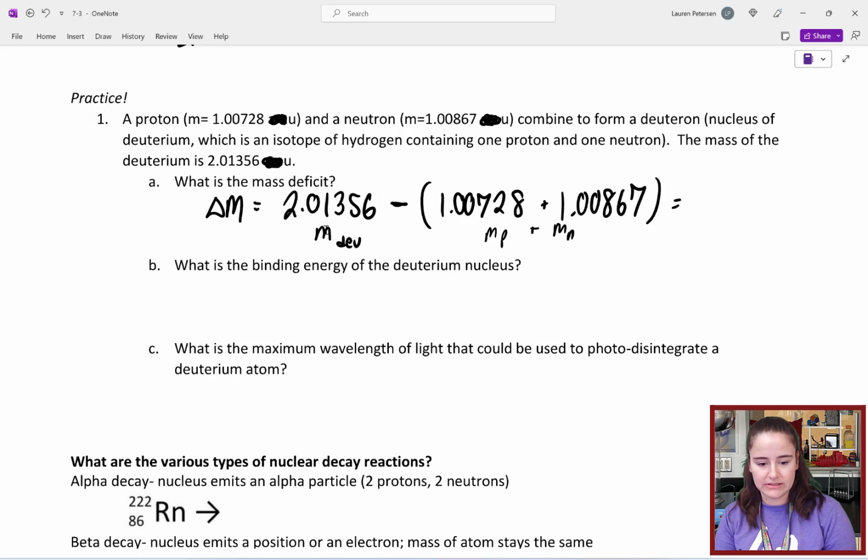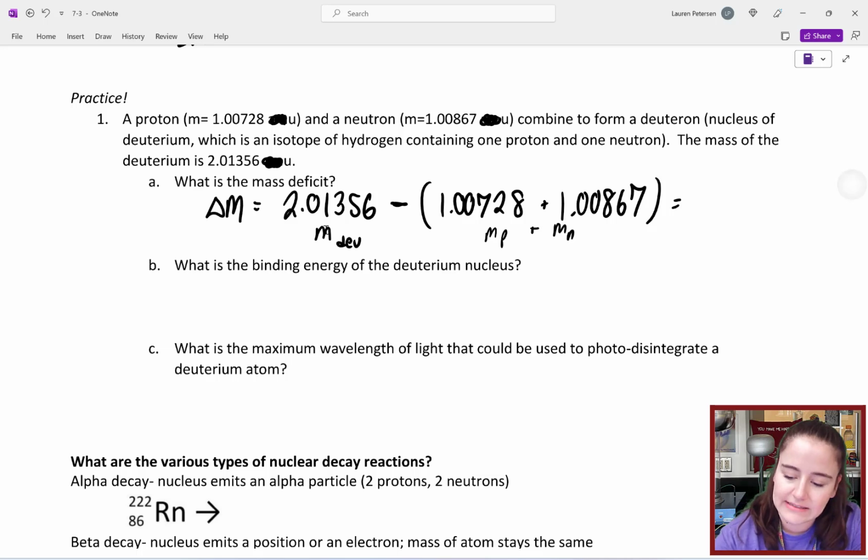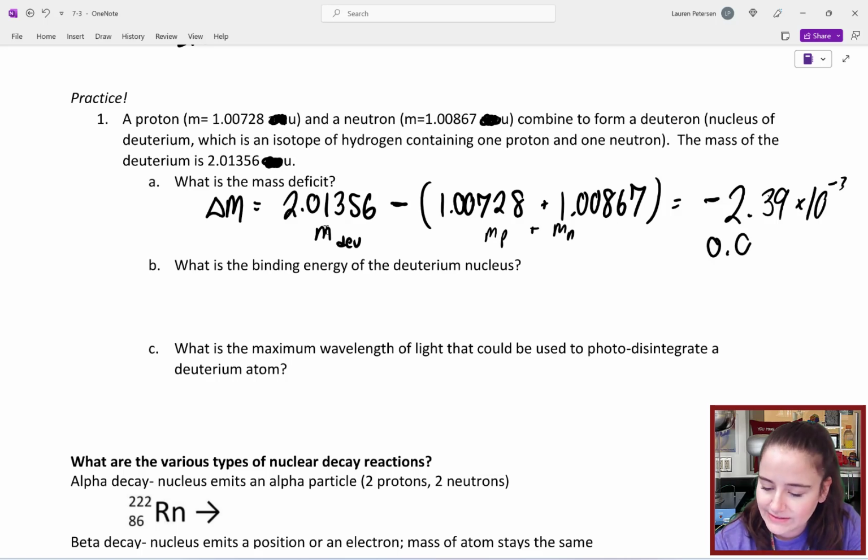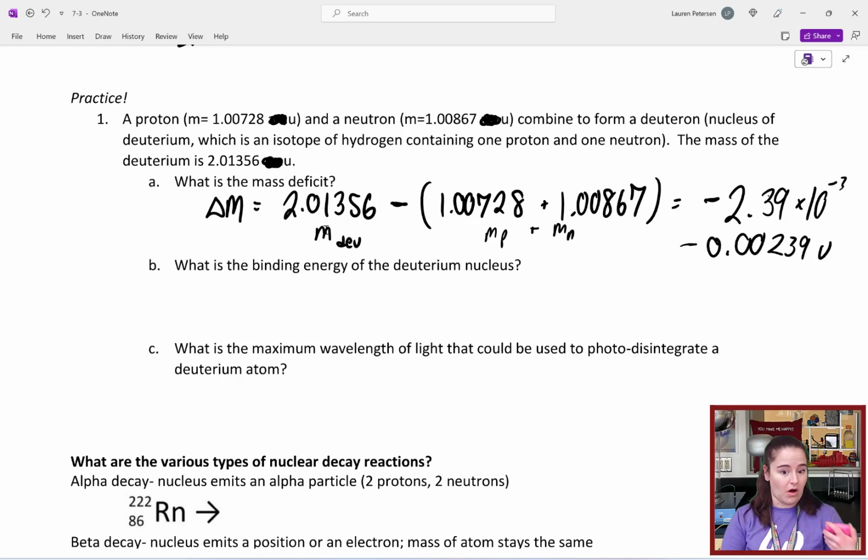So we have 2.01356 minus 1.00728 plus 1.00867, and we get negative 2.39 times 10 to the negative 3, so 0.00239 U. It's negative because it is the lost mass.